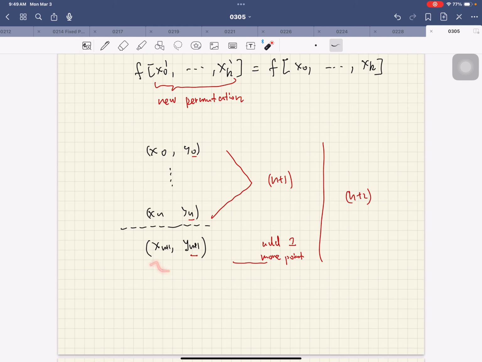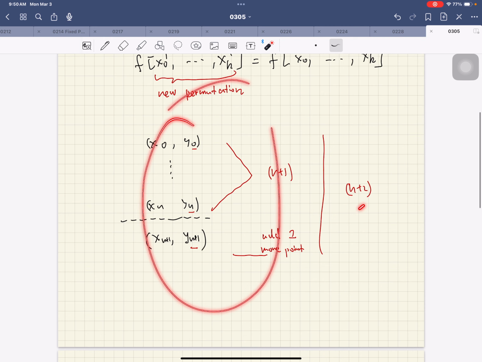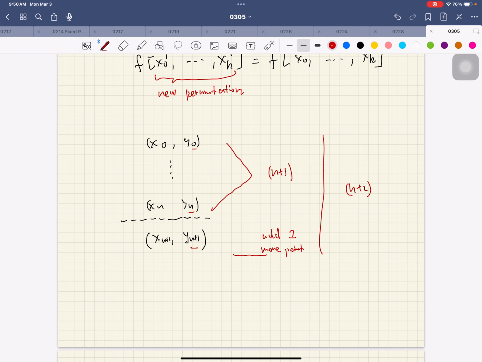It turns out we will have the new interpolation which also takes into consideration the xn+1, yn+1 point. This is the same as doing everything together, but in the real application we don't have the n+2 points at the beginning. We usually only have n+1 points first and some new information. But the theorem shows that if we do this separately, it is equal to doing everything together. So this is a rough idea about why we consider the Newton basis: we can add one more point very easily.